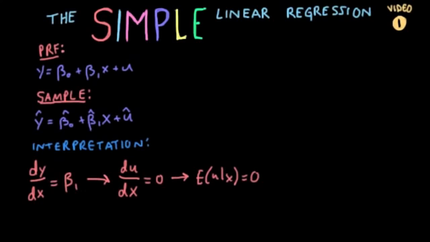So if we go back to our example, we had wage is equal to some constant plus beta 1 education plus u, and we cannot assume that this is a causal relationship. That does not mean that education does not affect wage, because it definitely does. Of course it does. But what it means is that causal means that there's nothing in u that education is dependent on.